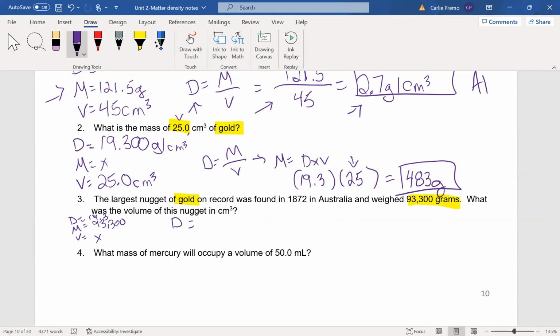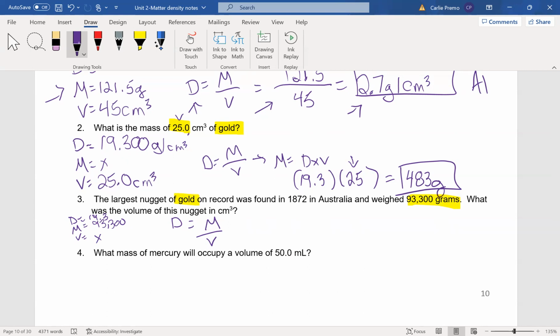In our notes, again, I've rearranged this equation, but I do want to just be very clear on how to solve this if you're trying to just remember the density equation as D equals M over V. When you solve for volume, oftentimes students will just take M and divide it, so it's D over M, but that is not the correct algebraic rearrangement of this formula.